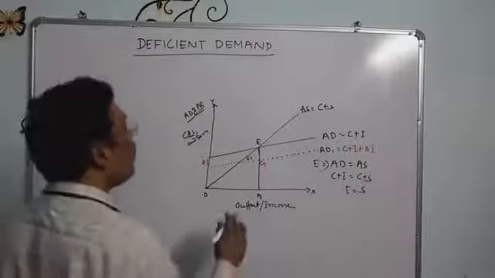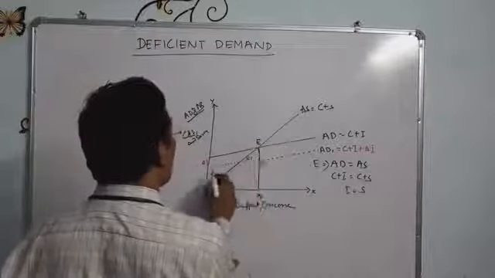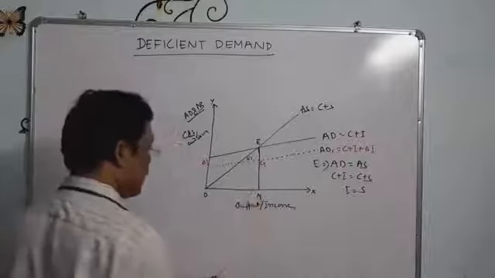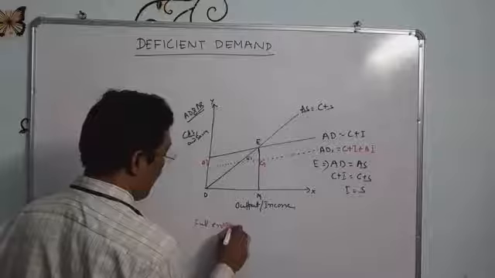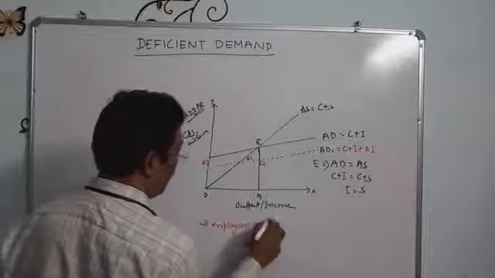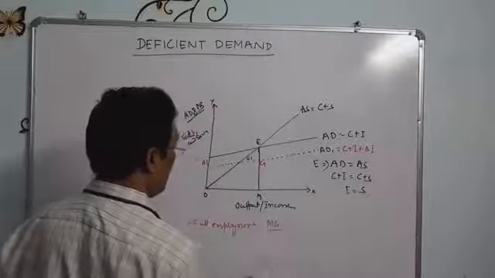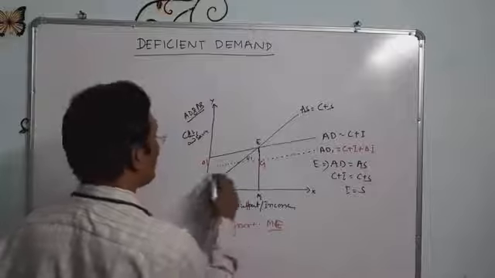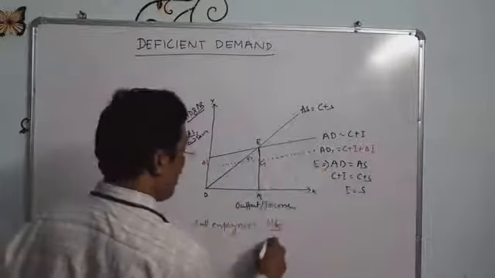So at this full employment situation E, the demand is now MG, whereas at full employment it is ME. When delta I is reducing, MG is the demand.